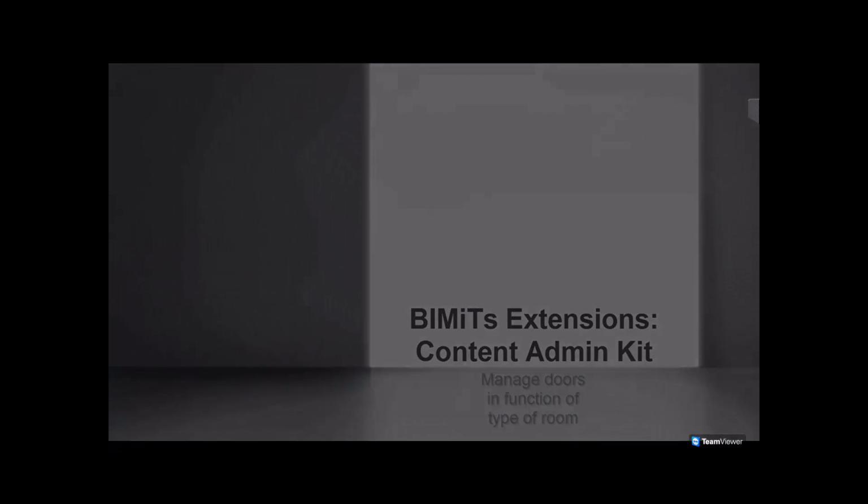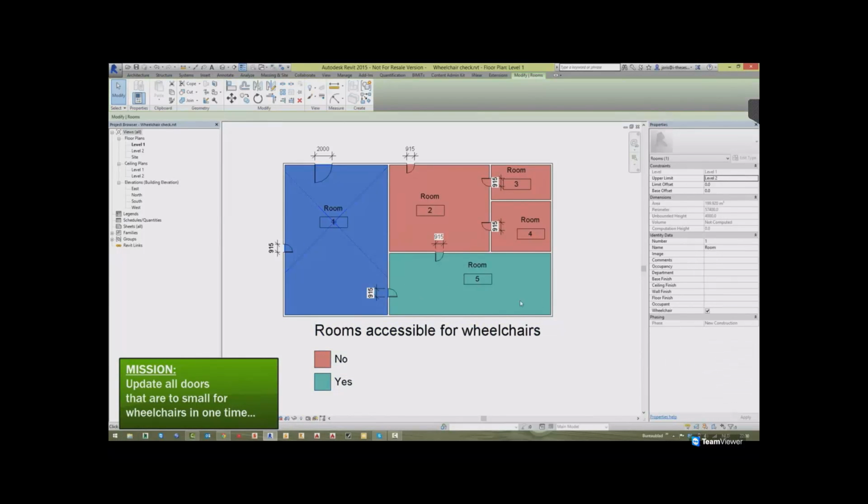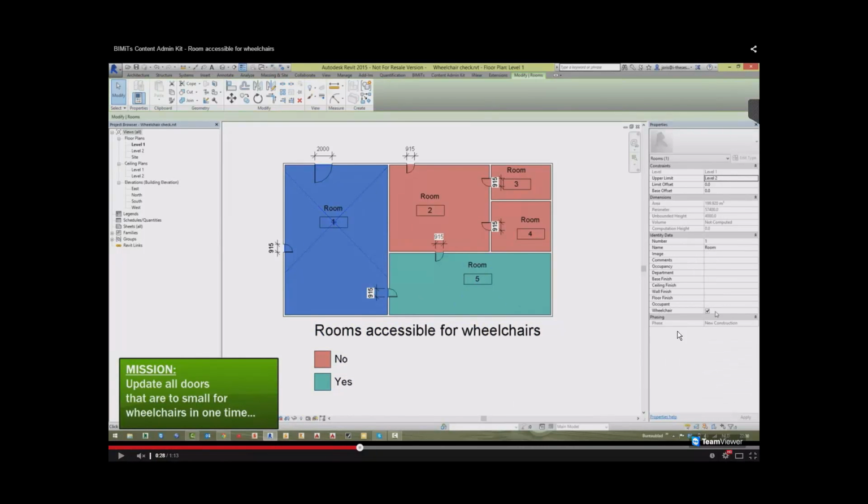So I'm going to add a parameter, a checkbox to a room. So for example, wheelchair. So this room that's now selected is accessible for wheelchairs. And you see that there are 2 doors that are too small for wheelchairs. So there's one big enough and there are 2 too small.